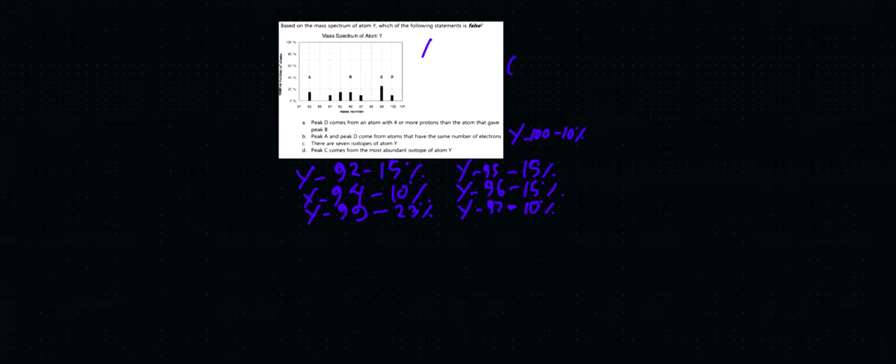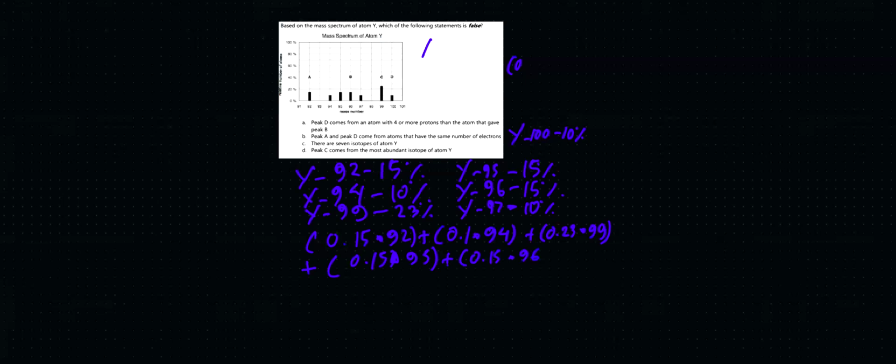So what you would have to do here is calculate the relative abundance times the mass for each: 0.15 times 92, plus 0.1 times 94, plus 0.23 times 99, plus 0.15 times 95, plus 0.15 times 96, plus 0.1 times 97, plus 0.1 times 100. And then your answer would be the average mass.